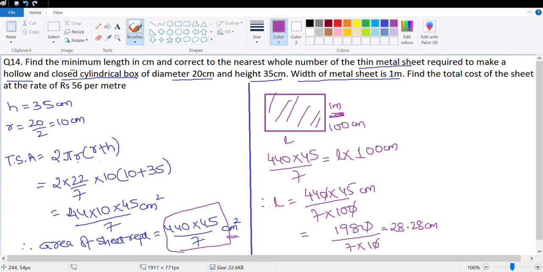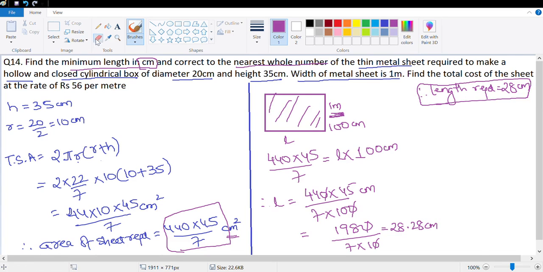And we need to find the minimum length in centimeter, correct to the nearest whole number, which means therefore length required is equal to 28 centimeter. So that's the minimum length required. Next, in fact, it will be 29 centimeter.